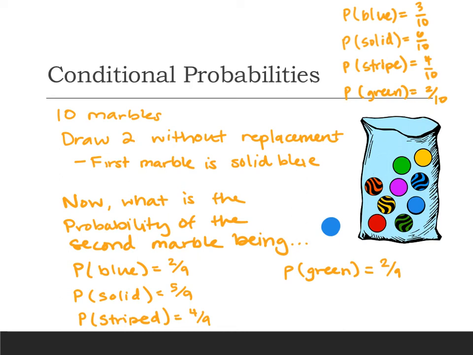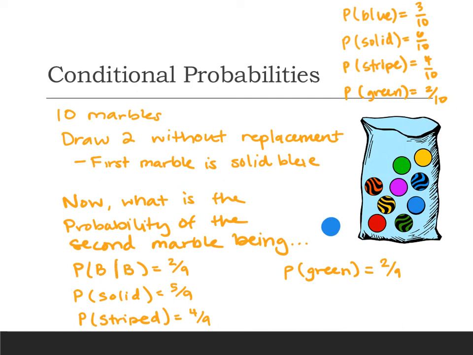I didn't really write these all correctly. I'll have to use abbreviations. So this should be the probability of getting a blue given I drew a blue.